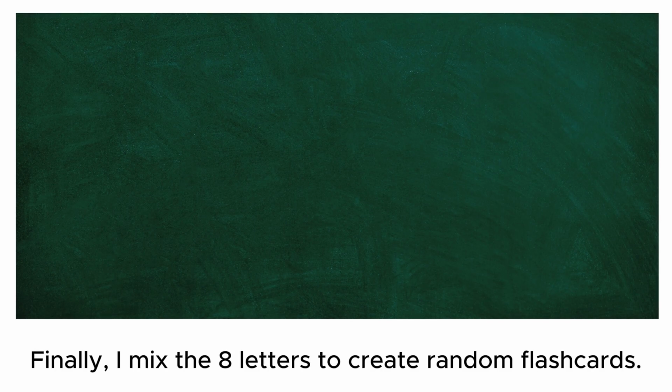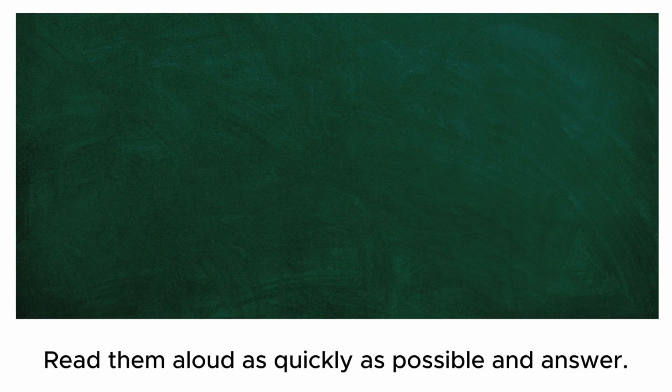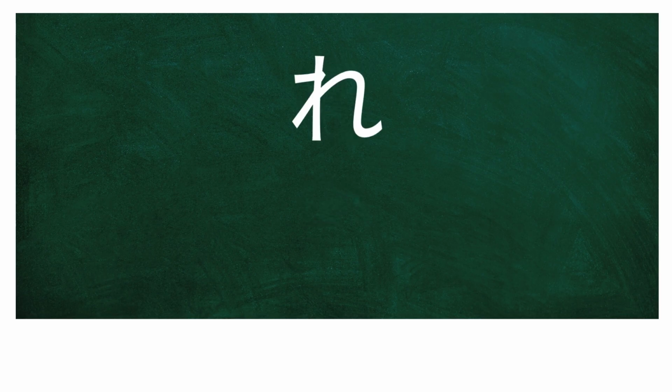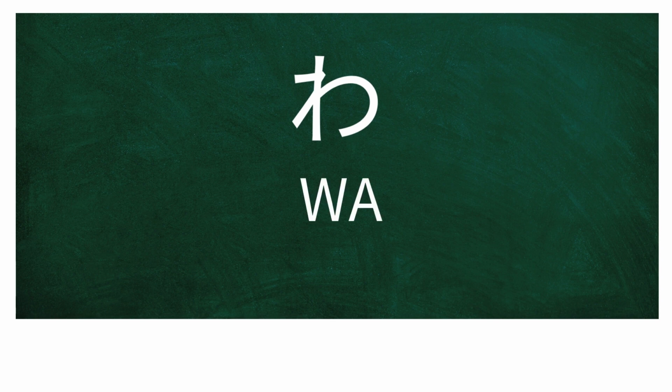Finally, I mix the 8 letters to create random flashcards. Read them aloud as quickly as possible and answer. る、お、ら、れ、わ、ろ、ん、り。Good luck.